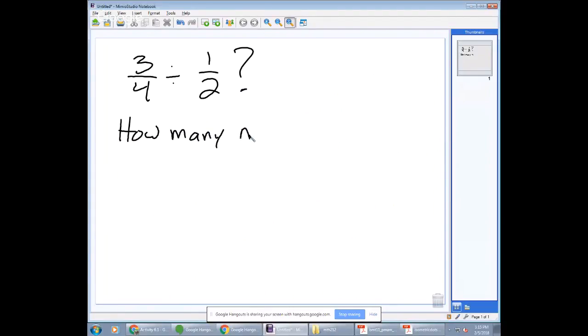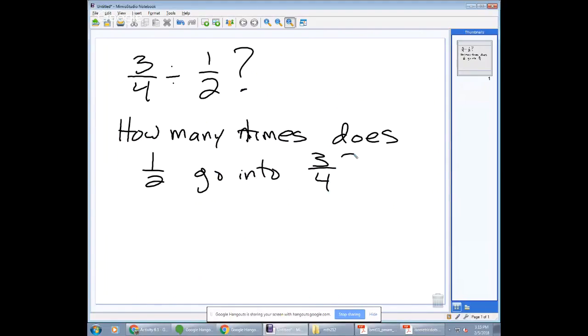How many times does 1/2 go into 3/4? Once I have the question, I redraw that division box we use a lot for long division. I've got 1/2 goes into 3/4.